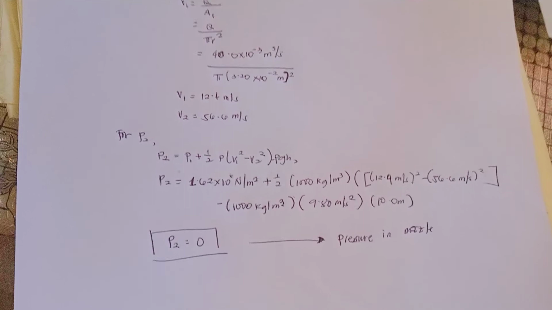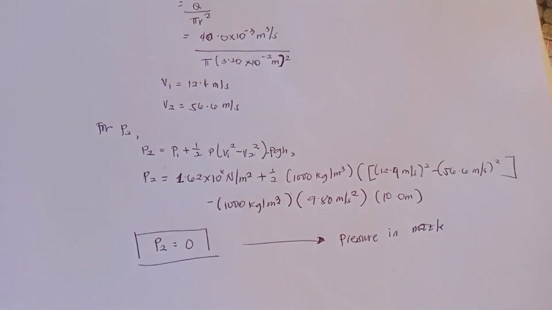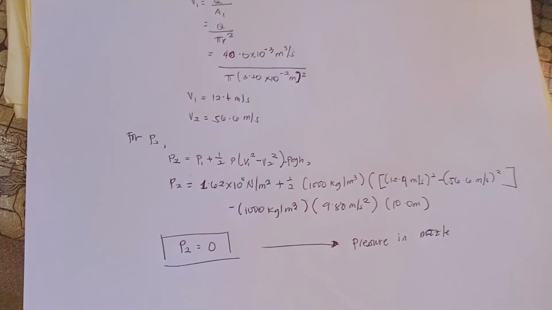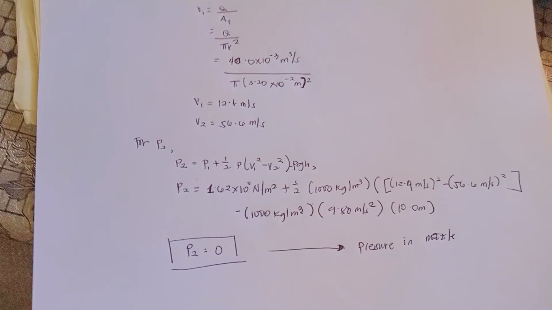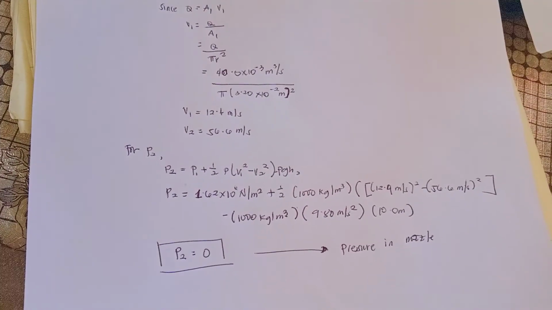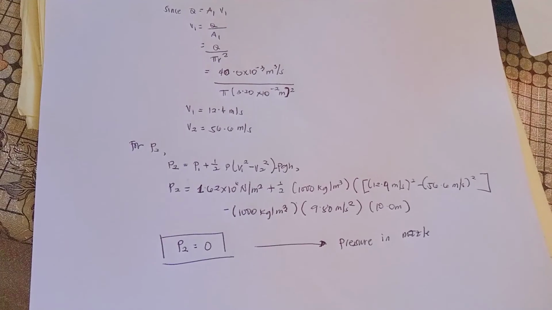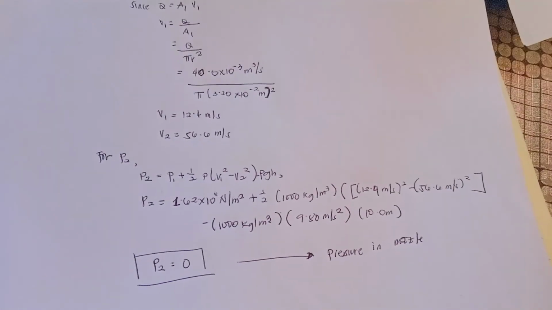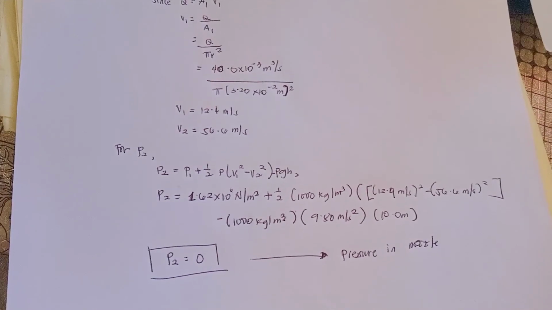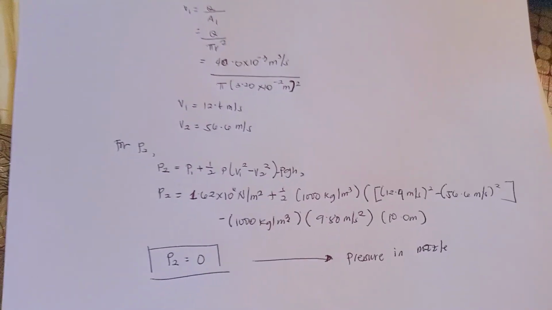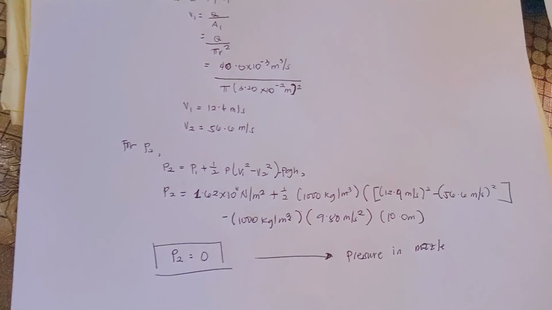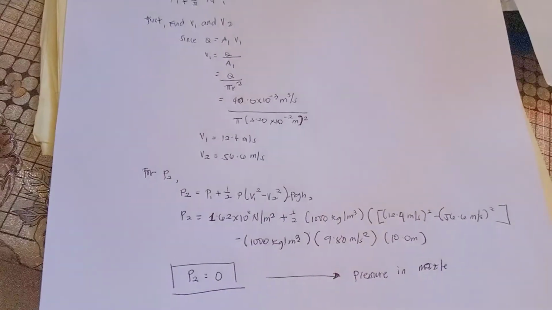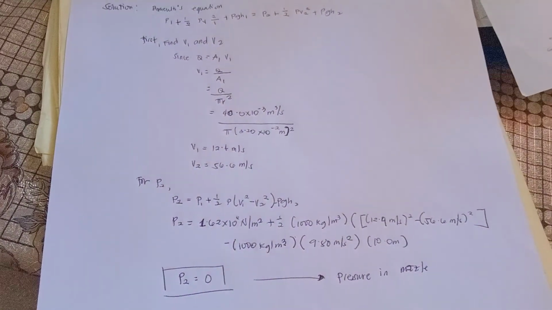So we simplify this, since we were looking for the pressure in the nozzle. The final answer is P2 equals 0, so the pressure in the nozzle is 0. So that would be all. Thank you.